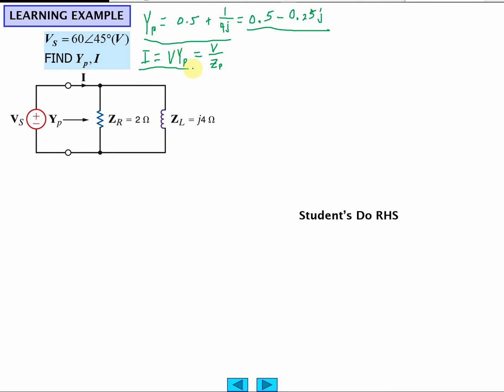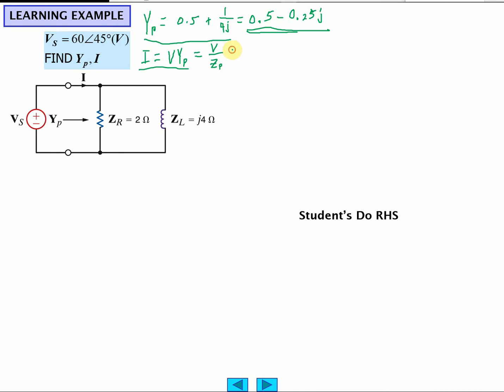The only thing we need to do is convert either the voltage into complex notation or the admittance into phasor notation. So let's go ahead and do that. Let's convert the admittance to phasor notation.